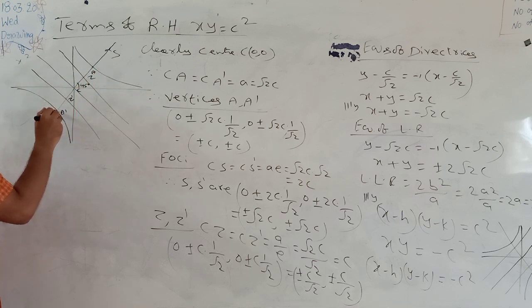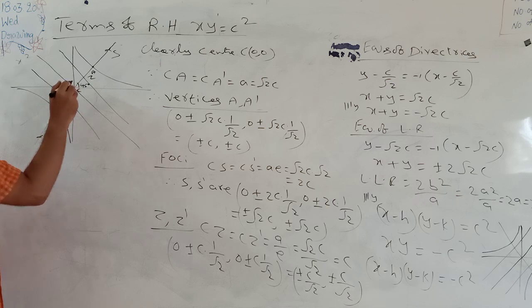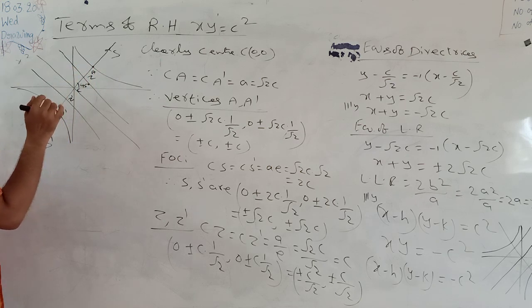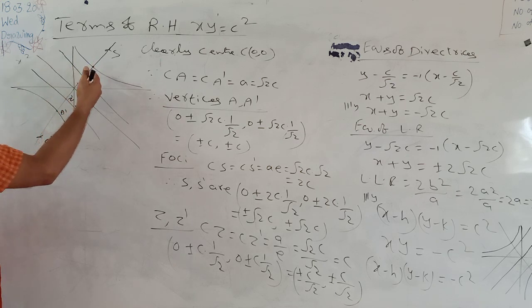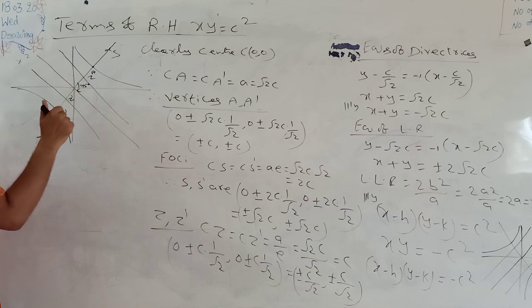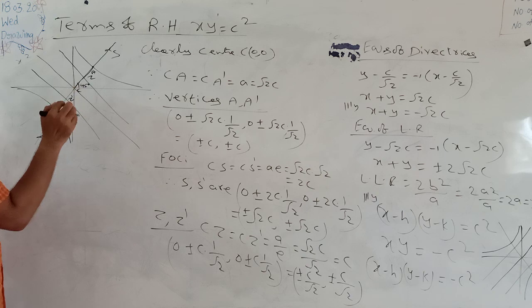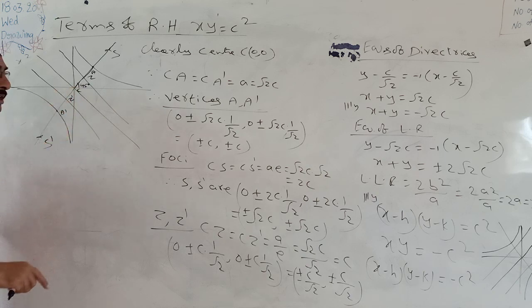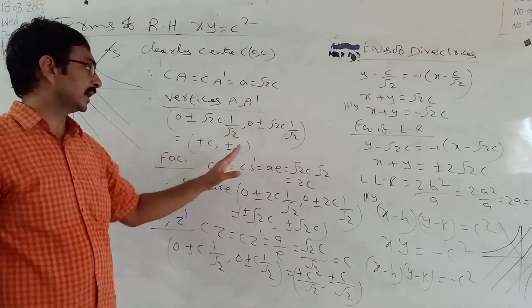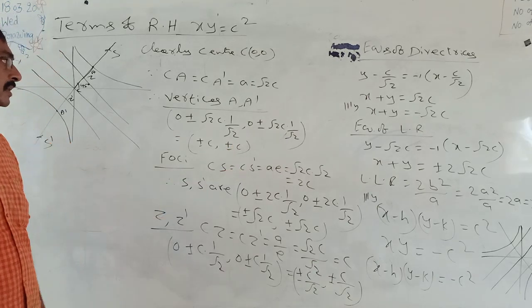So the formula for them is x1 plus or minus r cos theta, y1 plus or minus r sin theta, plus for the above point and minus for the below point. Here r is root 2 c, theta is 45, and x1, y1 is 0, 0. By substituting, we get plus or minus c, plus or minus c.